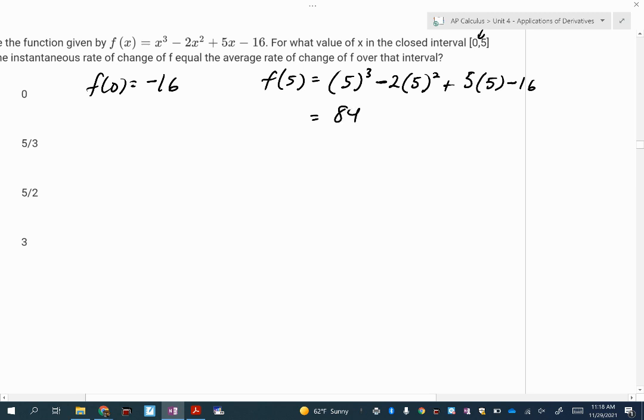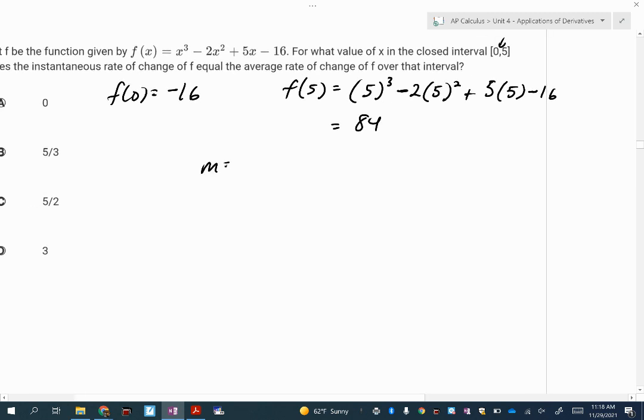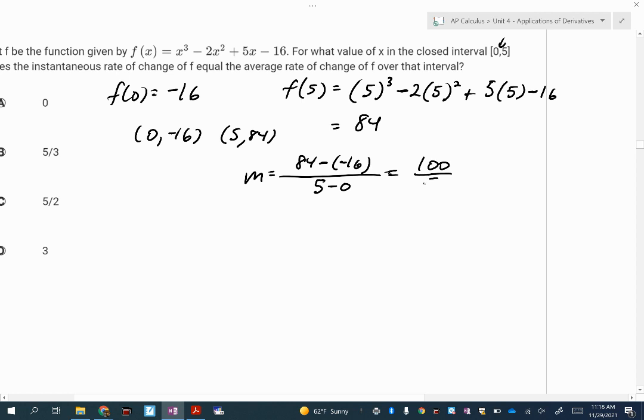I need to find the slope that connects these 2 points. Let me write down the points so you can see what my brain's doing. So those are the 2 points. So I have 84 minus negative 16 over 5 minus 0. That's 100 over 5, which is 20.